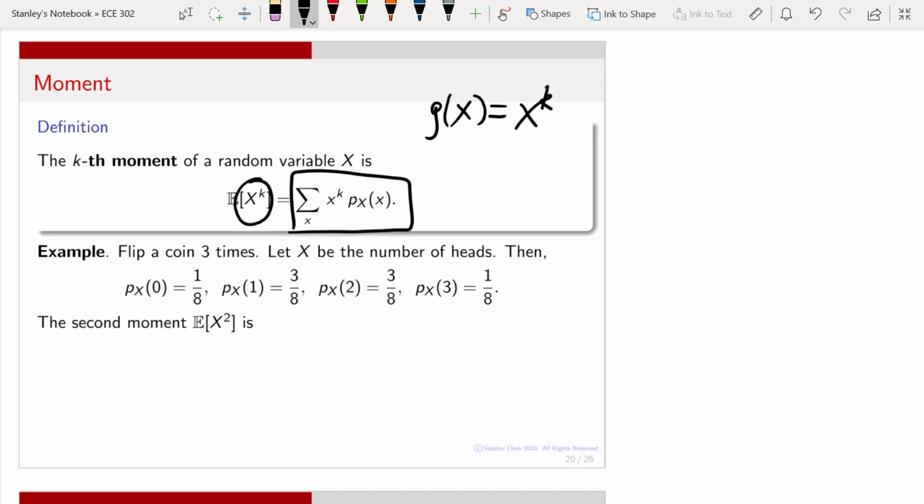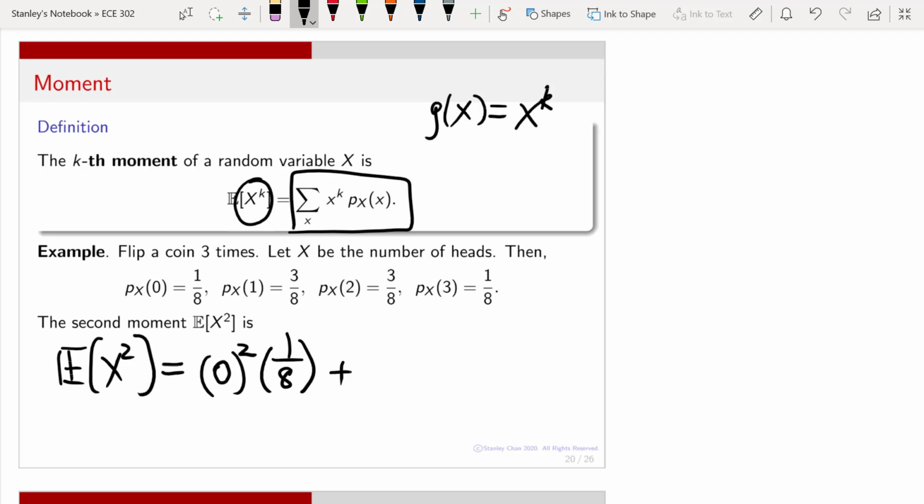Here is a very simple example. If you have the probability mass function given by these, then the second moment, which is expectation of x squared, is as follows. The first state is 0, and you take the square, and the probability of getting that is 1/8. The second state is 1, and you put a square, because you're looking at x squared.